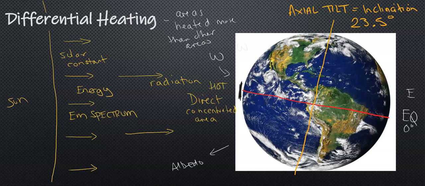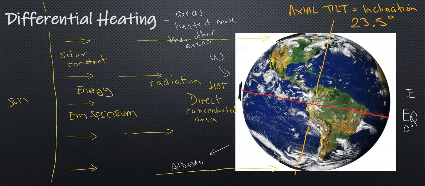Now the same energy that is traveling through space and hitting the north and the south pole at the same time is not having the same effect, because the shape of the Earth is a sphere. And you'll see that the area that the energy is hitting is angled. The energy is going to be spread out over a much larger area in the higher latitudes towards the North Pole, and the same spreading out of energy in the South Pole.